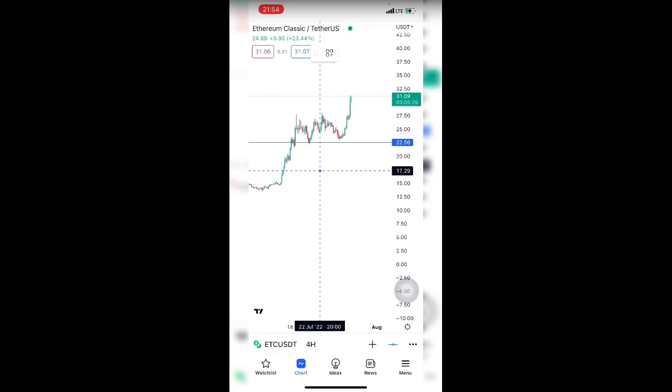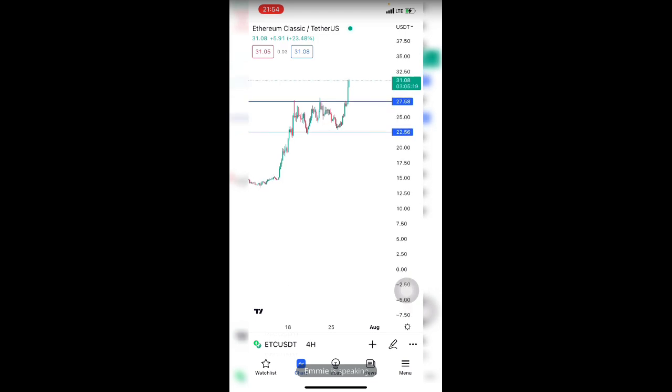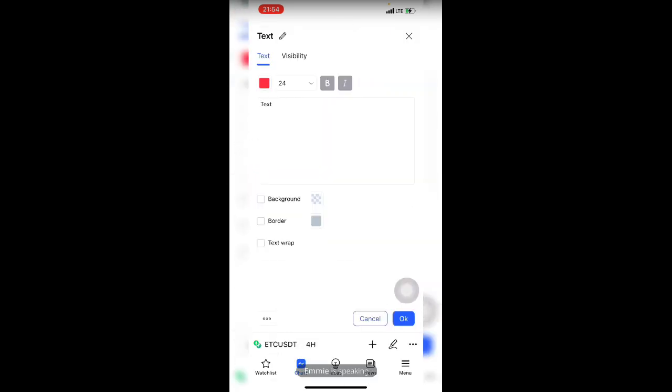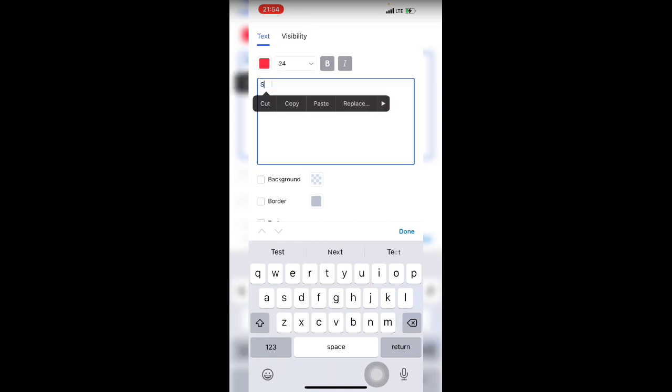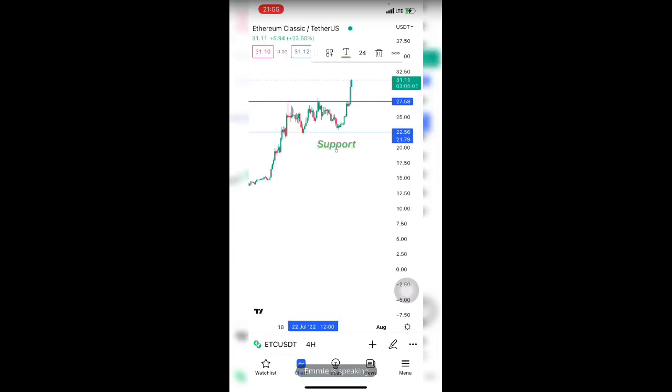Can you see something? This is support and this is resistance. This is our test. This is our support. This is our support, and this is our resistance.